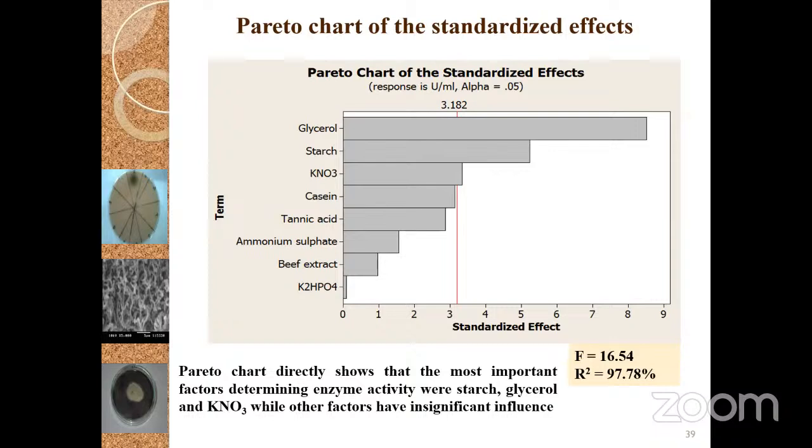By this slide, we can see that the important factors are glycerol, starch, and KNO3, which show a value less than 0.05, that is, a confidence level not less than 95%. The Pareto chart directly showed that the most important factors determining the enzyme activity were starch, glycerol, and KNO3, while other factors have an insignificant influence on enzyme production.